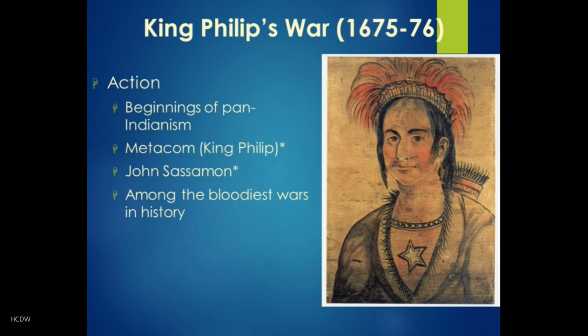They were not used to cooperating with each other necessarily. There was a lot of conflict and rivalry between the groups. But we're going to start to see the beginnings of what is known as Pan-Indianism with this war, King Philip's War. Pan-Indianism meaning a sort of cooperation and unity among Indian tribes.